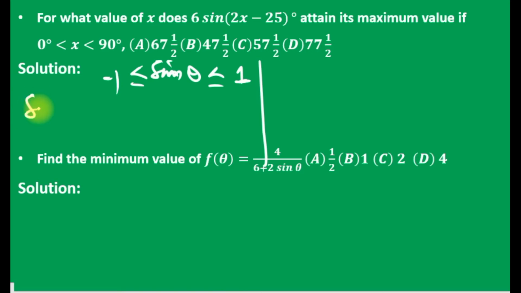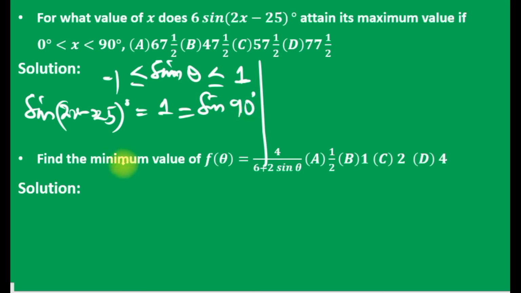So we are saying that sine(2x minus 25 degrees) must be 1. And we know 1 means sine 90, that's the maximum. So we'll compare now. Whatever that is here, which is 2x minus 25 degrees, must be equal to 90 degrees.